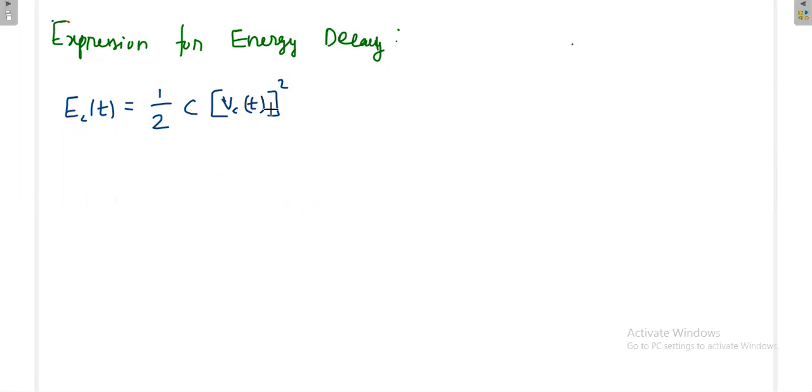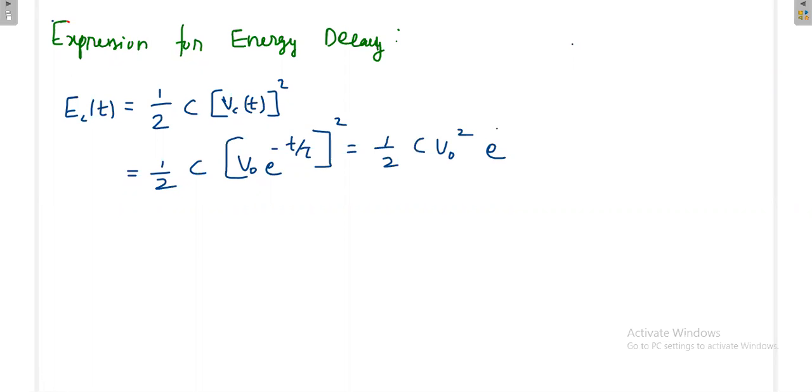Then I know the expression for V_C(t), so E_C = 1/2 C (V0 e^(-t/tau))^2 = 1/2 C V0 squared e^(-2t/tau).